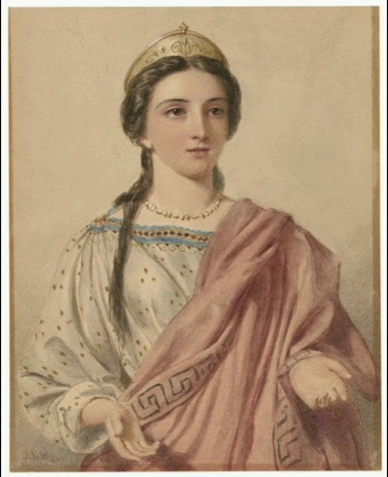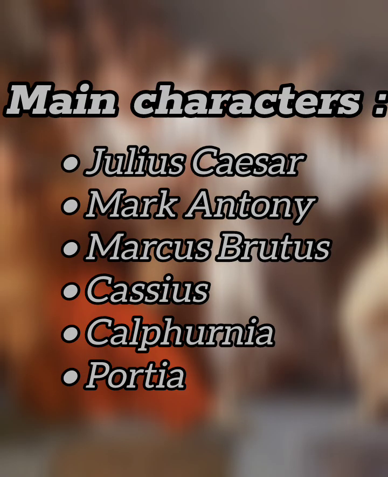So Calpurnia is a minor role over here. And also next, Portia is wife of Brutus. She too holds a minor role over here. So the main characters are Julius Caesar, Mark Antony, Marcus Brutus, Cassius, Calpurnia, and Portia. There are other characters also, but these are the main characters.